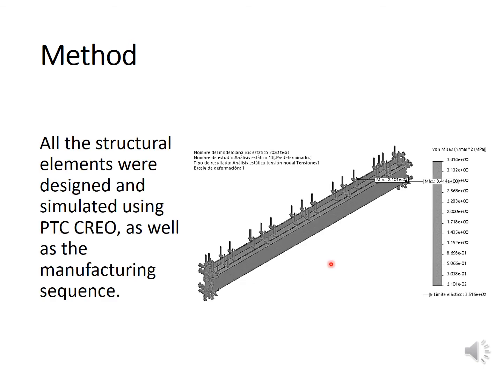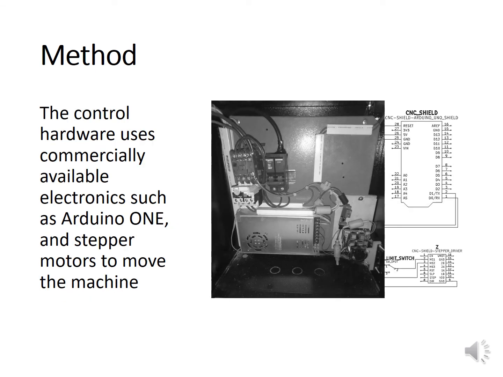All the structural elements were designed and simulated using PTC Creo, as well as the manufacturing sequence. The control hardware uses commercially available electronics such as Arduino Uno and stepper motors to move the machine.